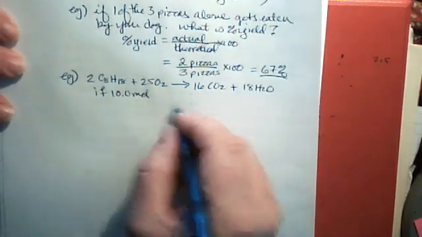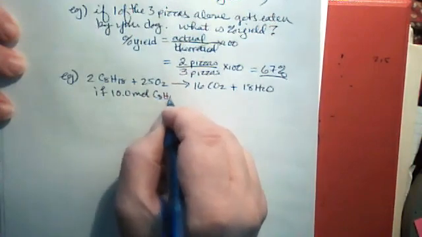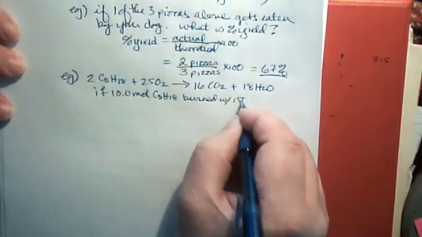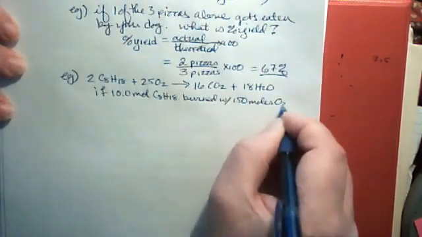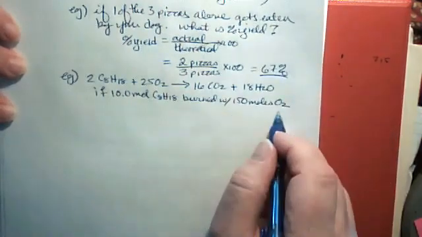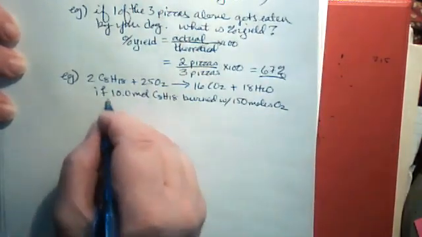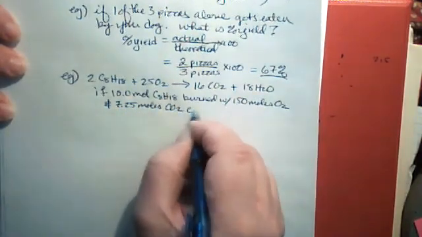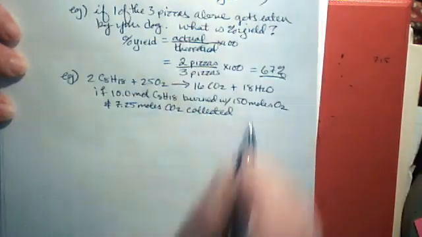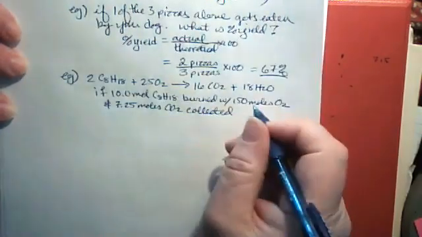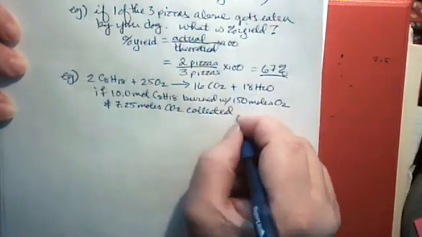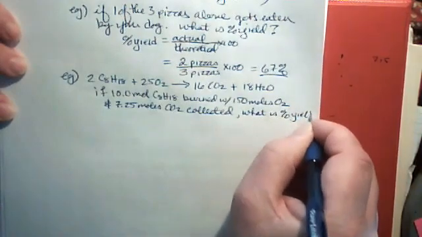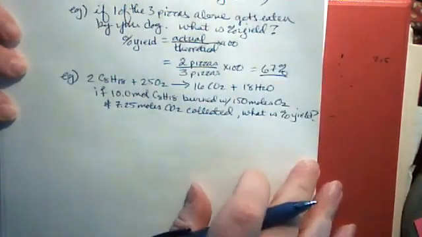So if we have 10 moles of octane, and it's burned in the presence of 150 moles of oxygen, and 7.25 moles of carbon dioxide are collected, what is the percent yield of CO2?